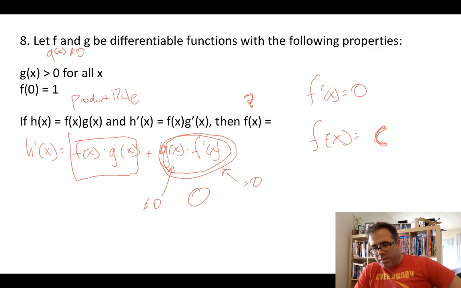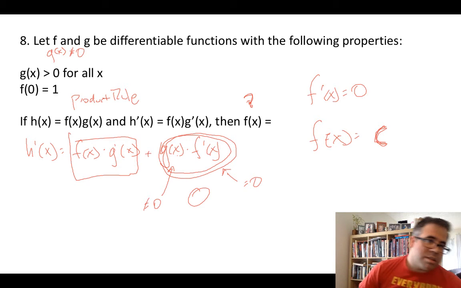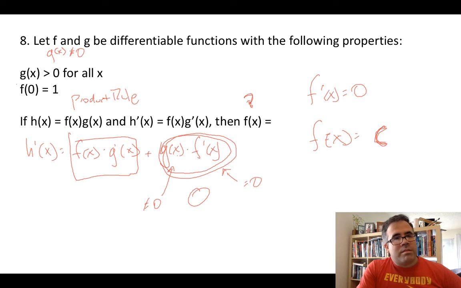Is that enough? Now, some people got to this point and they stopped and they're like, oh, it's a constant. Well, yes, it's a constant, but it's a very specific constant. I did give you the information to figure this out. Let's look back to the start. Oh, f of 0 is 1. Well, if f is constant, then it's always 1. So f of x is just 1.